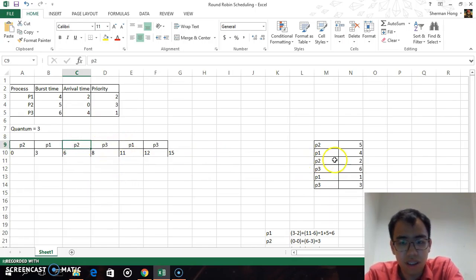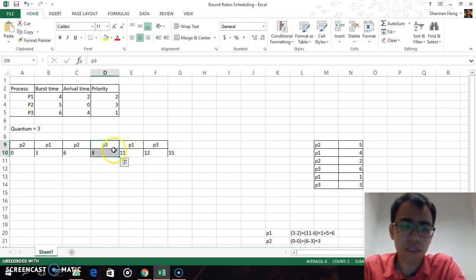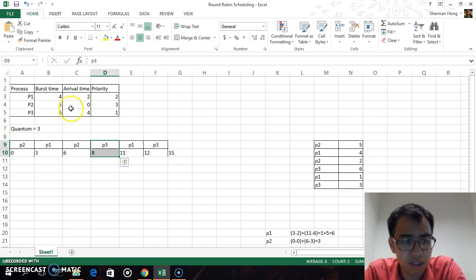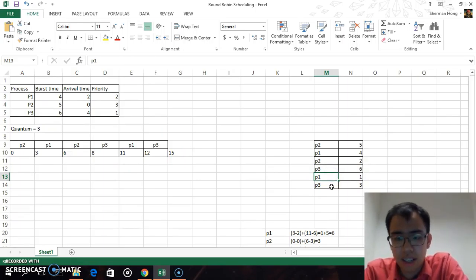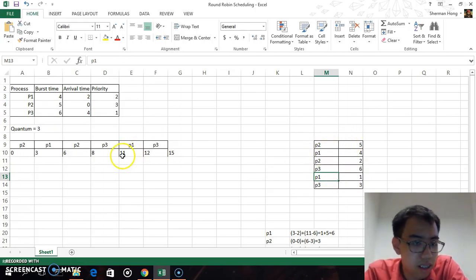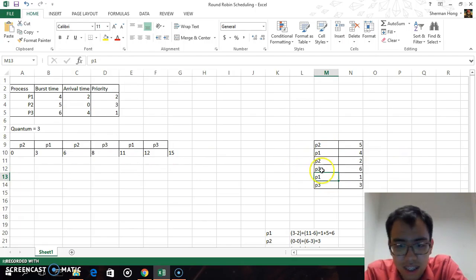Then you move on to the next one, which is P3. P3 arrival time is 4, and burst time is 6, so you put 6 here. Then you add 3, because quantum is still 3.